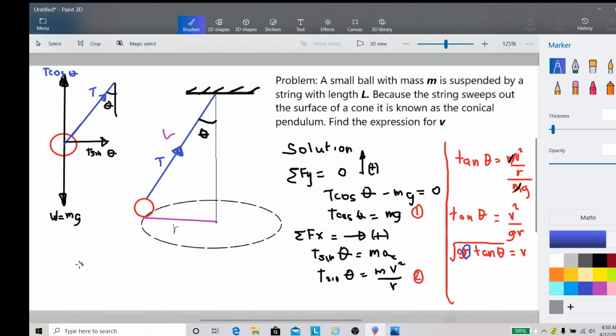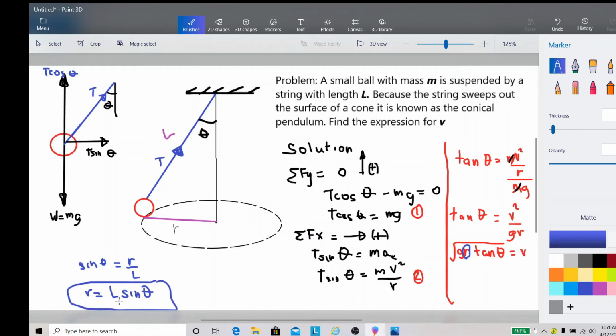We say sine of theta is equal to the opposite side, which is r, over the hypotenuse side L. Therefore, r is equal to L sine of theta, coming from this triangle. So we are having this one.